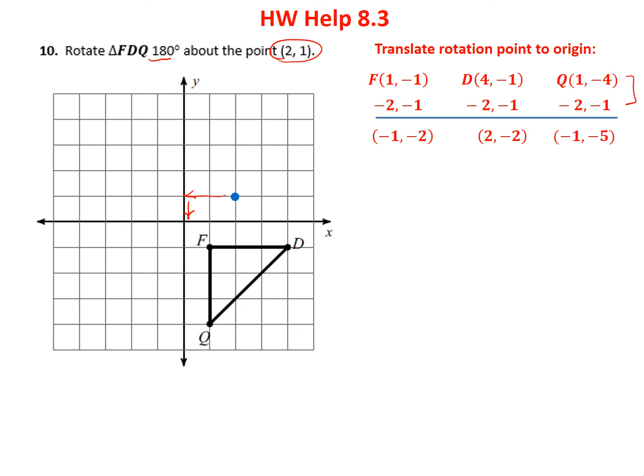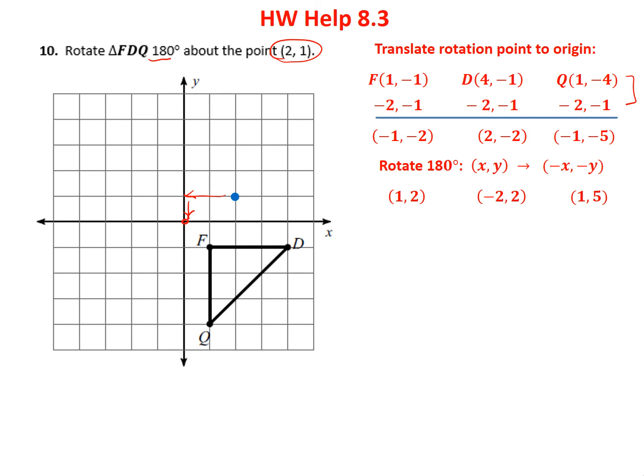So now I'm rotating about the origin, and I can use my rule that for 180 degrees, (x, y) becomes (minus x, minus y). So minus 1, minus 2 becomes 1, 2. 2, minus 2 becomes minus 2, 2. And minus 1, minus 5 becomes 1, 5.